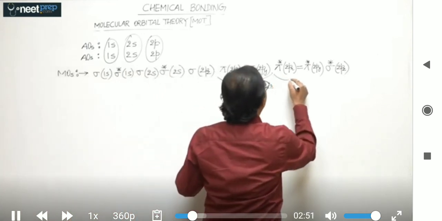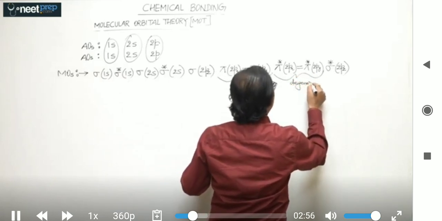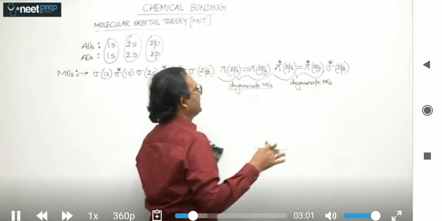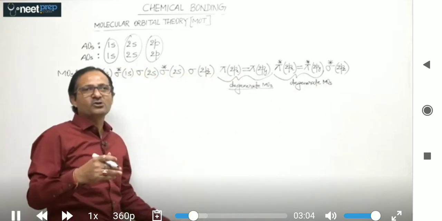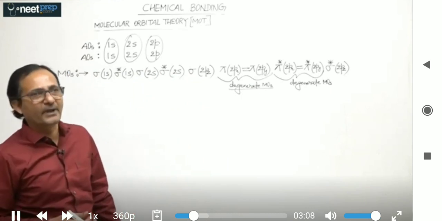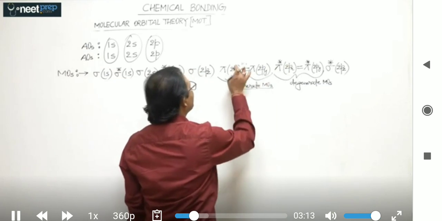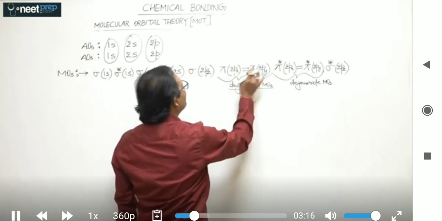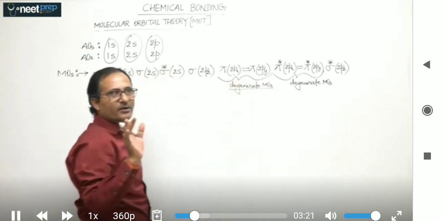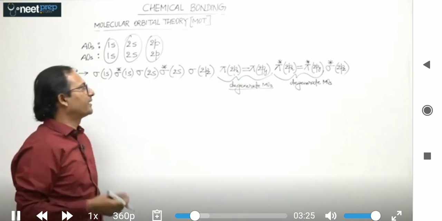Similarly, pi star 2px and pi star 2py are degenerate molecular orbitals having the same energy. In case of degenerate molecular orbitals, Hund's rule will be applied. That is, if two electrons enter here, first we will fill one in each, and then pairing will start. That is how filling of electrons takes place according to Hund's rule.